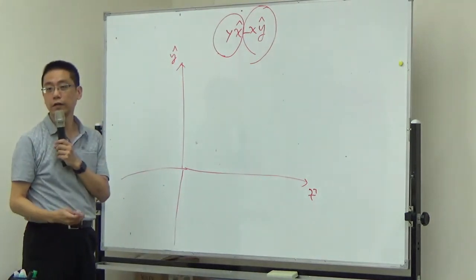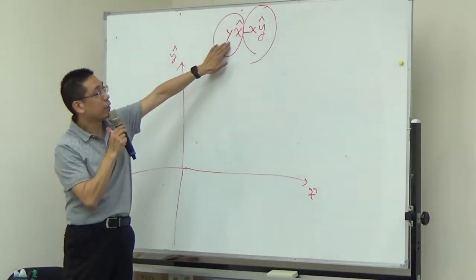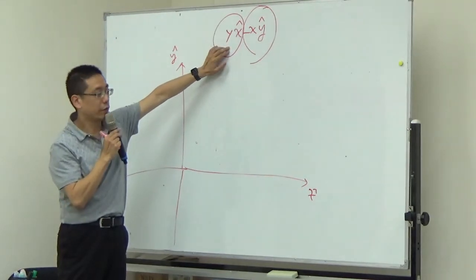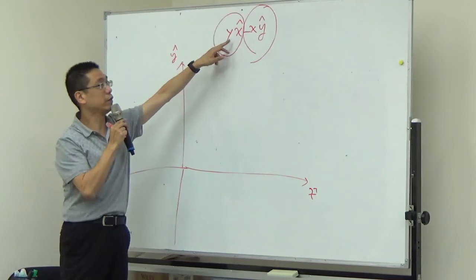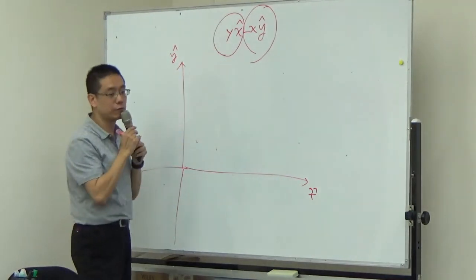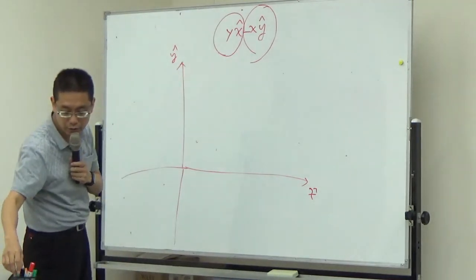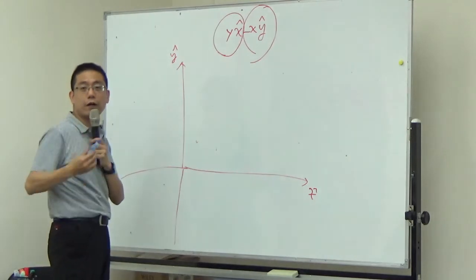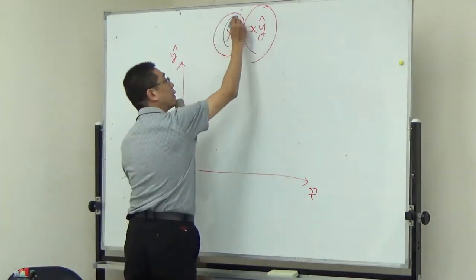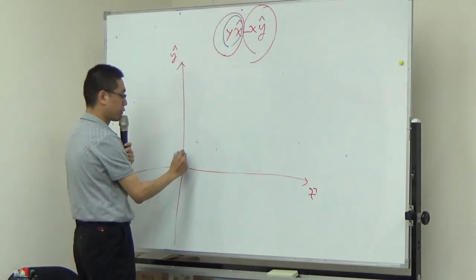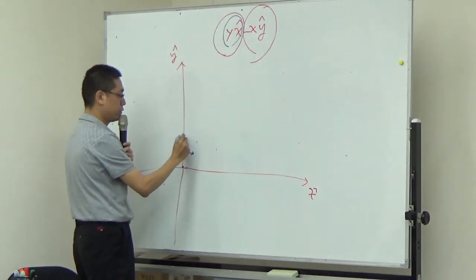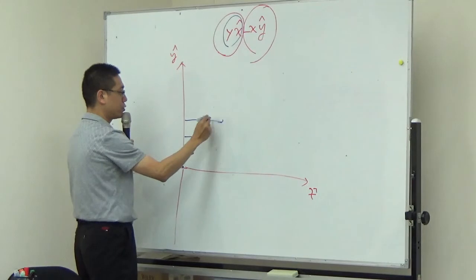Okay? For this part, the direction to x will change with different y. For the blue one, this is 0, and y is larger and larger.